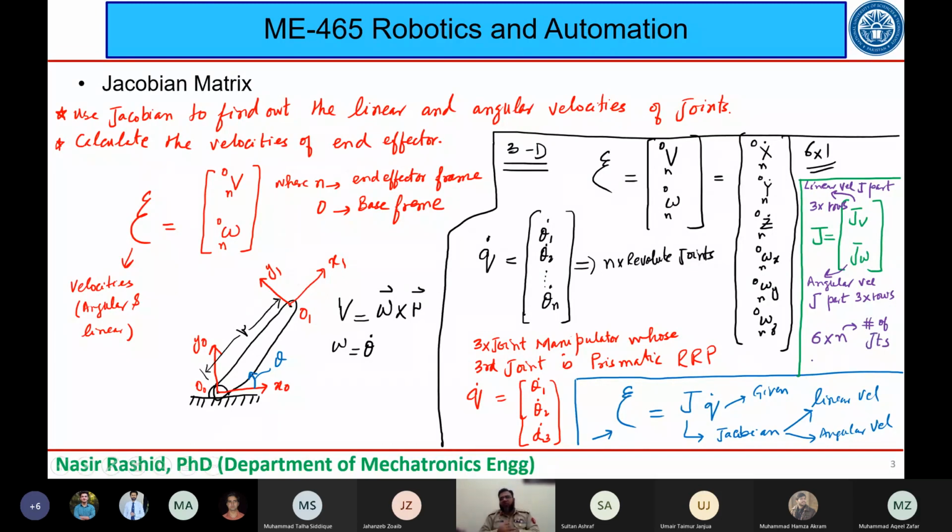So what we are interested to find out is a Jacobian matrix J, which is going to give us the angular and linear velocity of the joints while we are given the joint variables q dot.